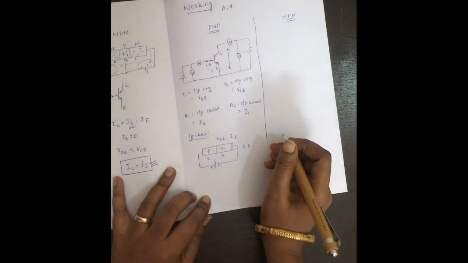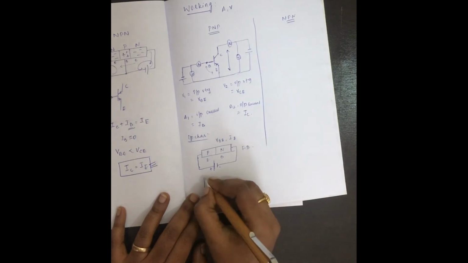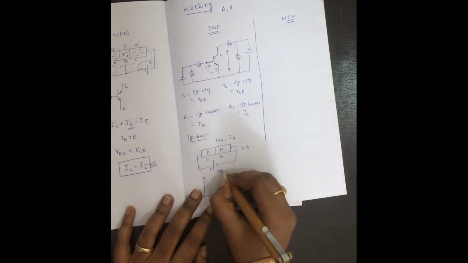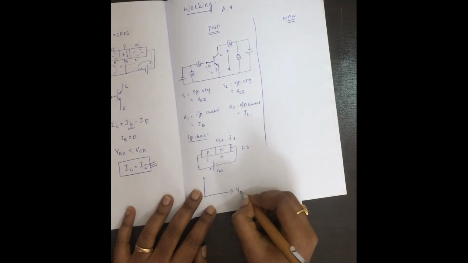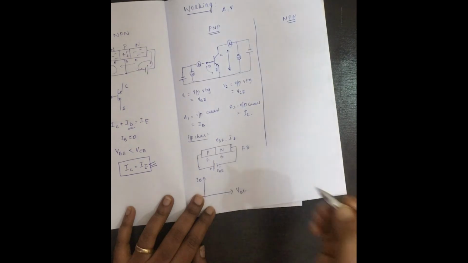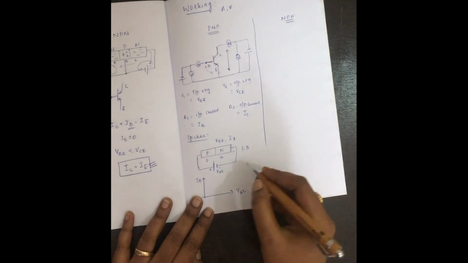So what happens when the diode is in forward bias? This is VBE, and current is IB. What happens when you increase the voltage? We have already seen the working of a diode in forward and reverse bias.